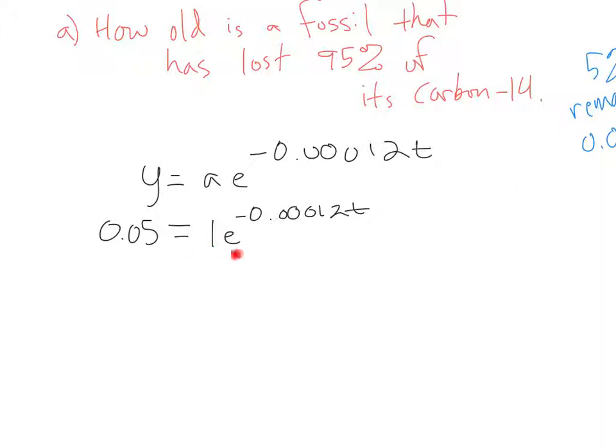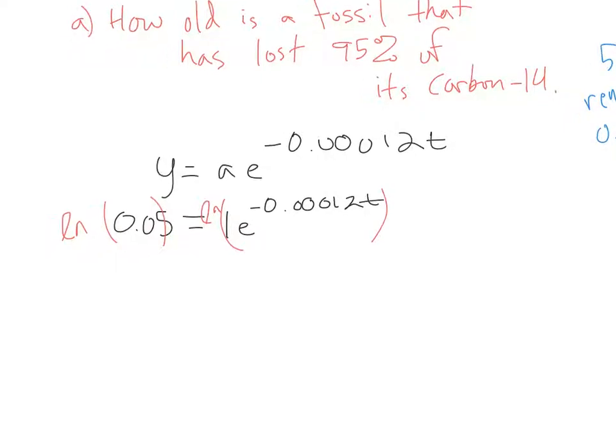Since this is just 1 times this, we can ignore that 1 and go ahead and natural log both sides to bring down the exponent.